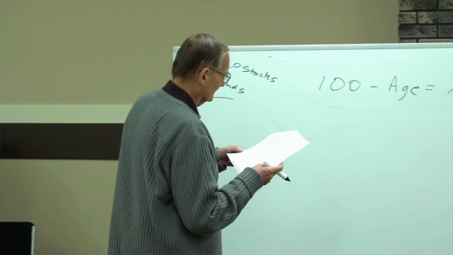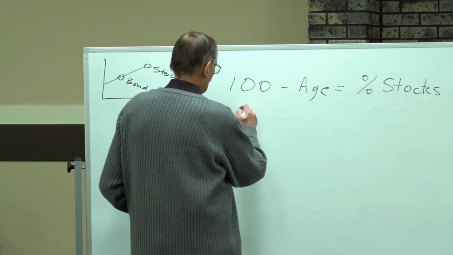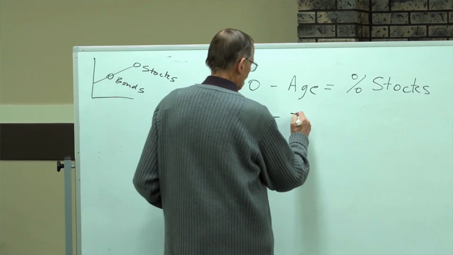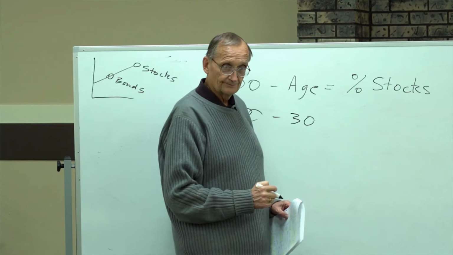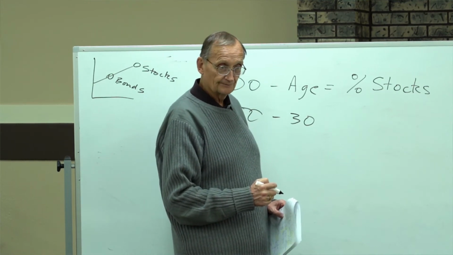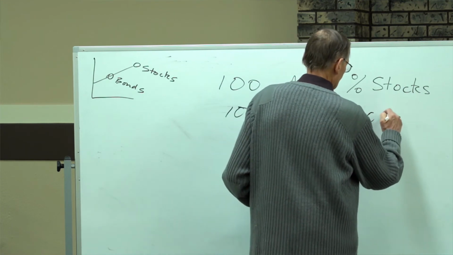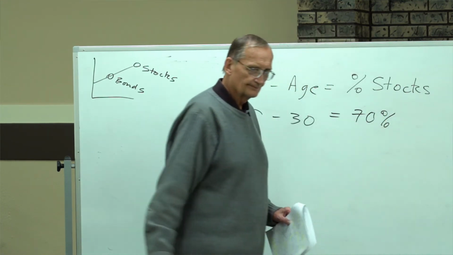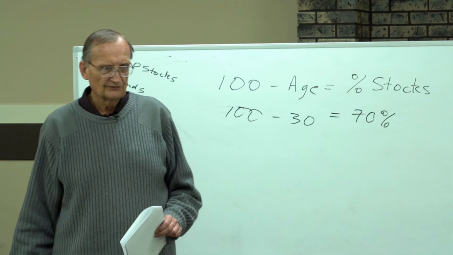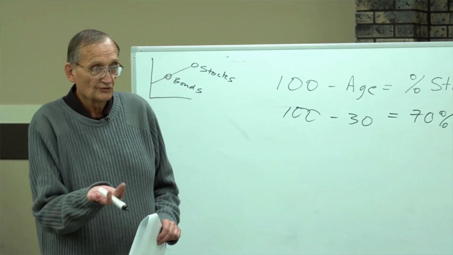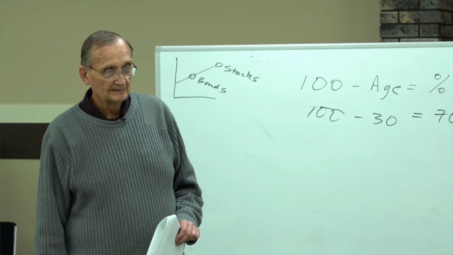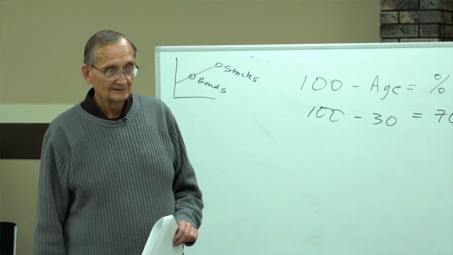So let's try that out. You are 30 years old. 30 is pretty young, isn't it, for investors? You should have how much in stock? 70%, because you have a lot of risk tolerance when you're 30. This is when you want to make the big gambles.